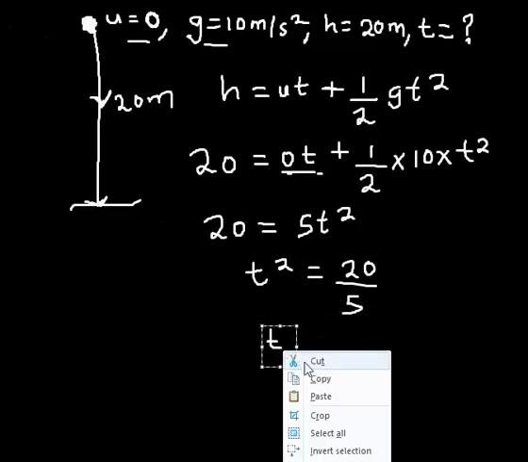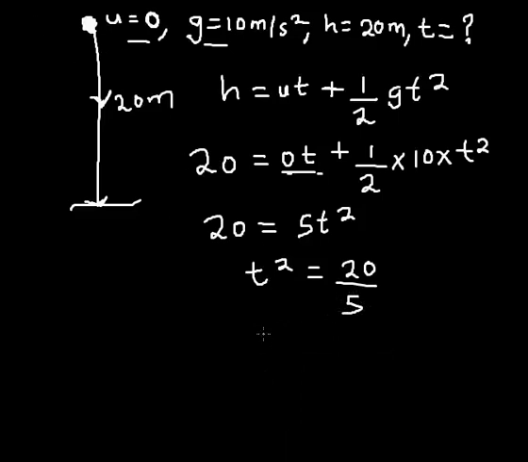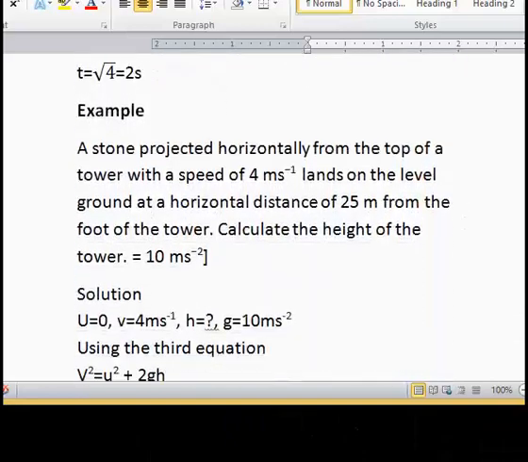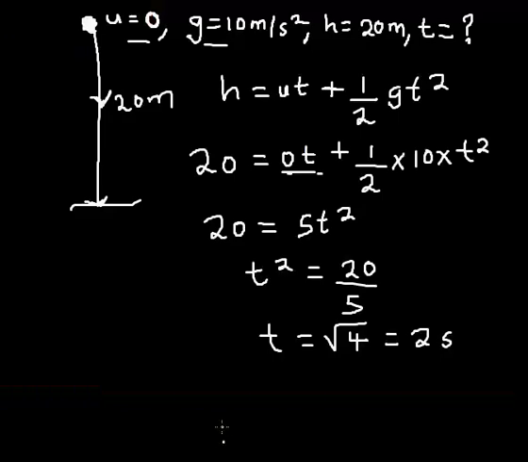But remember, I'm looking for t, not t square. So t is going to be equal to the square root of 4, which is 2 seconds. I hope that's well understood. Forward we move. Next question.